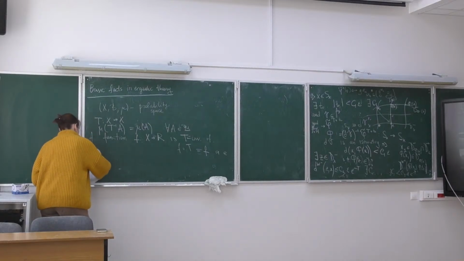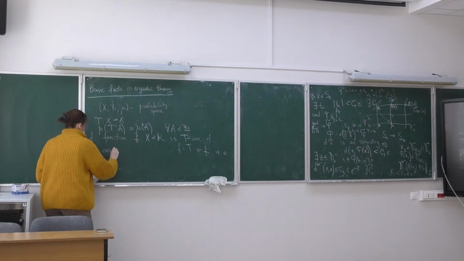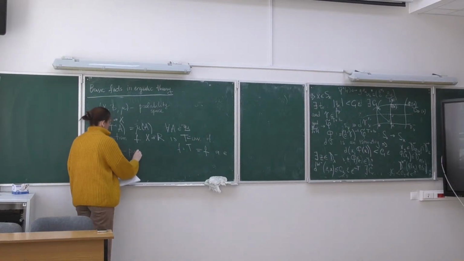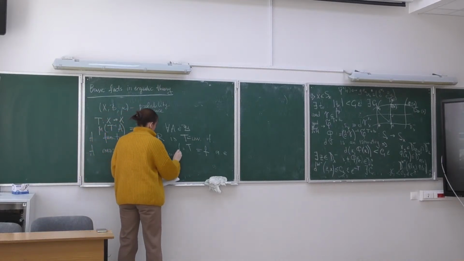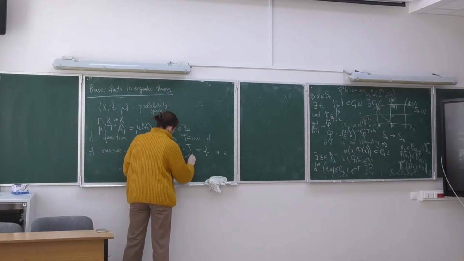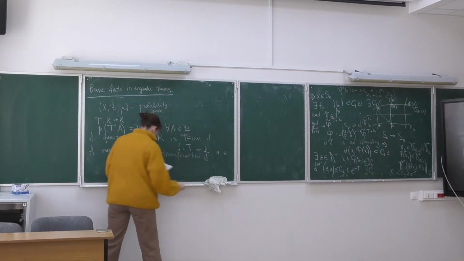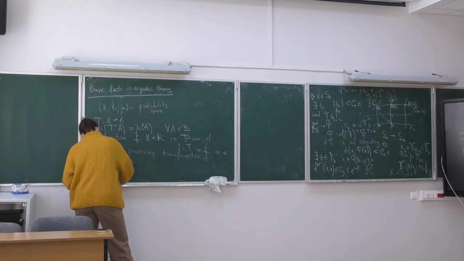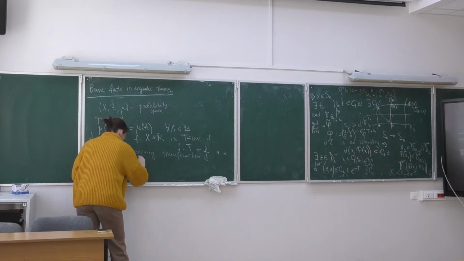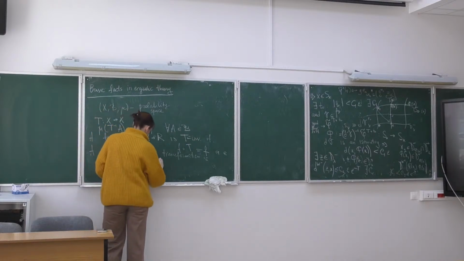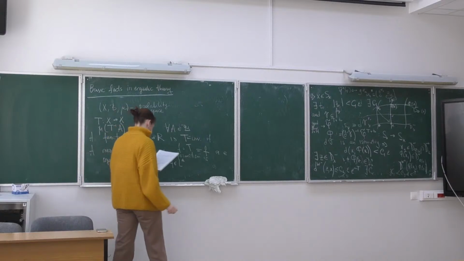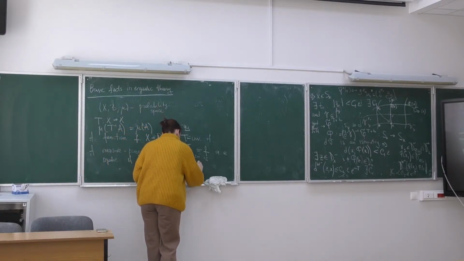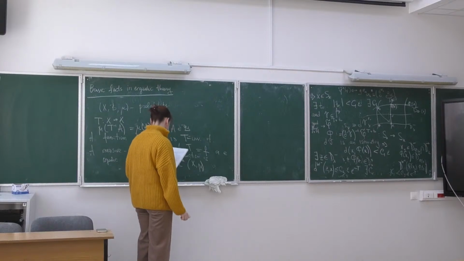Namely, we can say that a measure preserving transformation is ergodic if for any T invariant function, say from L1(X, mu), we can be certain that f is constant almost everywhere.